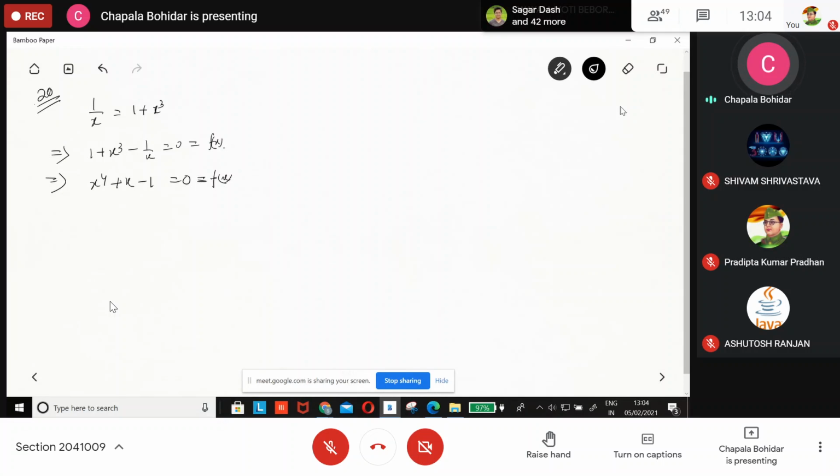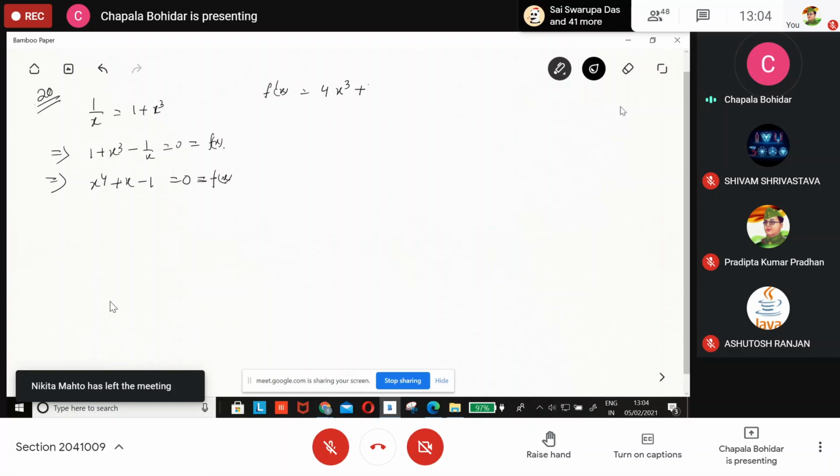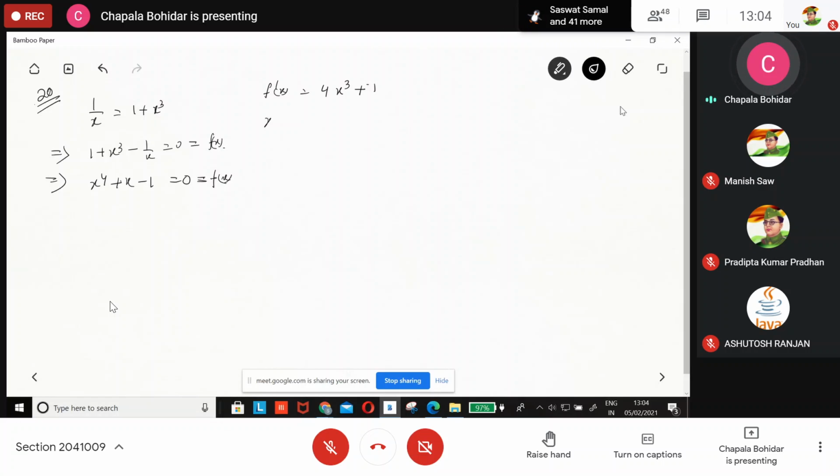So now, x1 is not given here. My aim is to find the value of x1. So first you find f dash x, that is 4x to the power 3 plus 1. Then I am going to write down the general formula: xn plus 1 is equal to xn minus (xn to the power 4 plus xn minus 1) divided by (4xn cube plus 1).